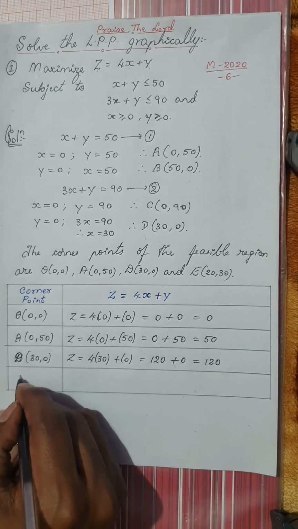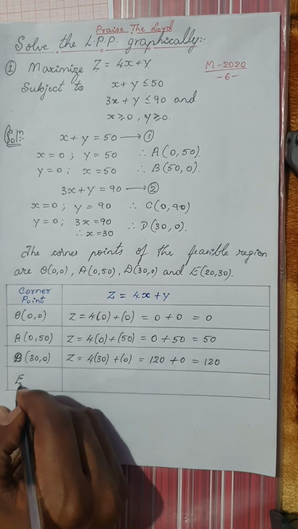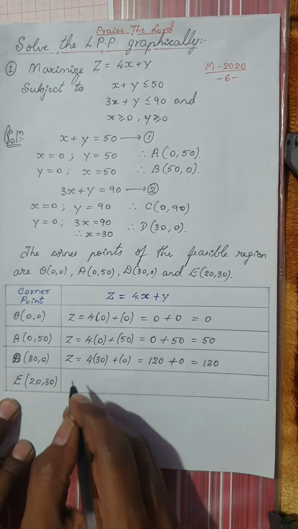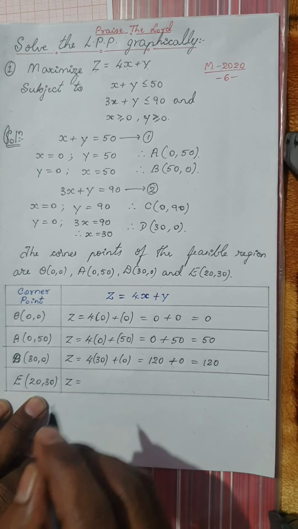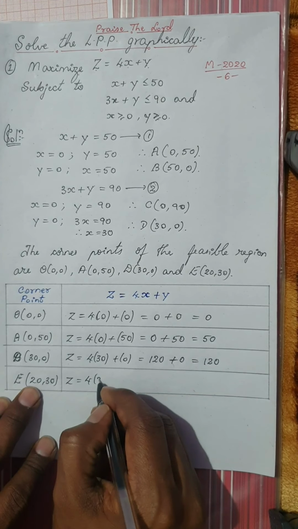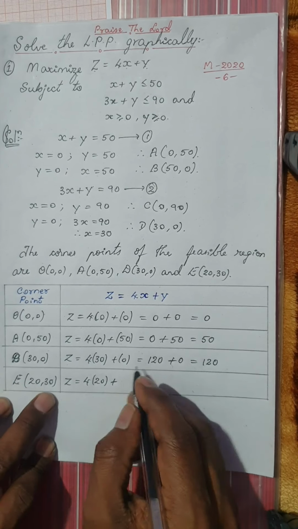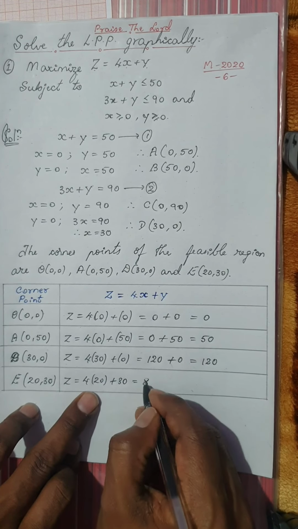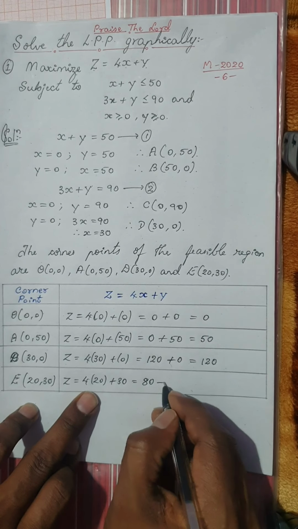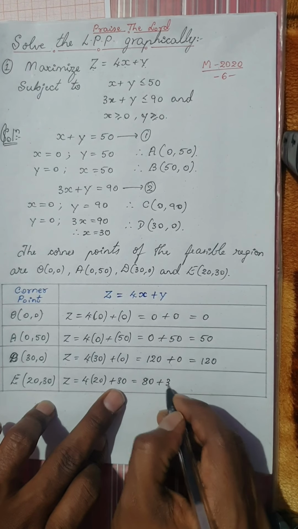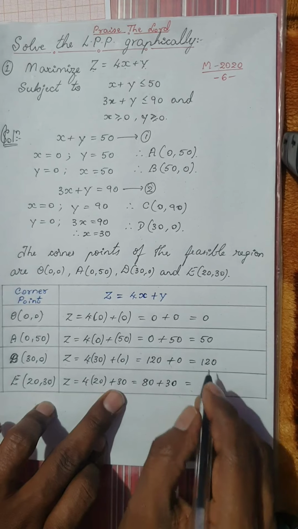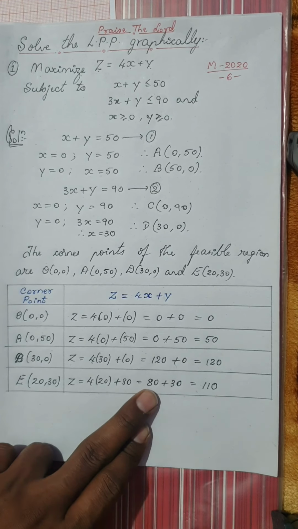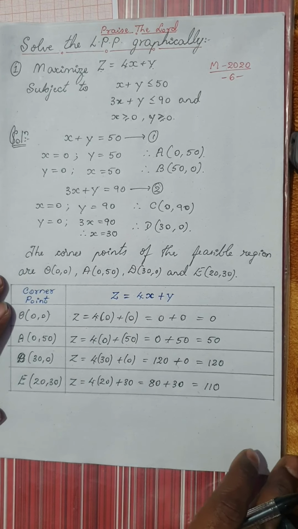Now going on to point E. What is point E? You can see here that it is 20 comma 30. So z is nothing but 4 into 20 plus 30. 4 2s are 8, so 4 into 20 is 80, plus 30. So 80 plus 30 is 110.